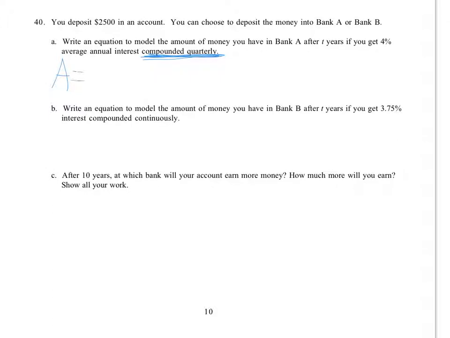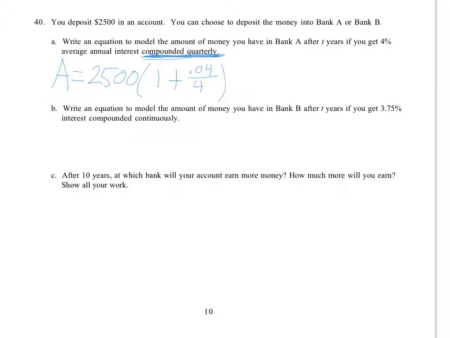So we got a starting amount, $2,500, multiplied by what we're thinking about as our scaling, whatever our interest rate is. And that's going to be 1 plus, and it should be 4%. But we're doing this 4 times a year, so we want to do this each time of those 4 times a year. 4% divided up into 4 times a year is going to be 0.04 divided by 4.